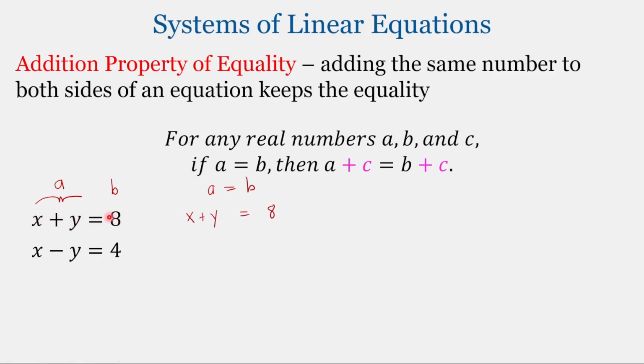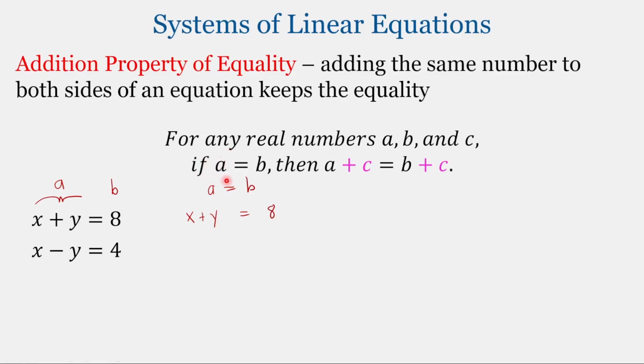Now I chose the first equation, but you could have chosen the second equation. And in this case, x minus y would have been a, and 4 would be b. So our a equal to b would be x minus y equal to 4. Either method works, so I'm just going to stick with this first equation.